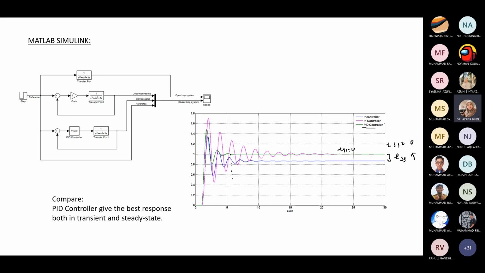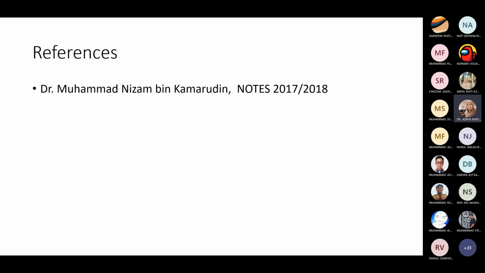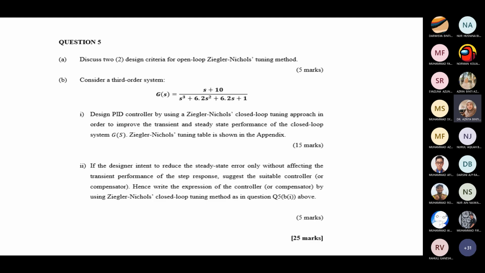So from here we can conclude that the PID controller gives the best response compared to the PI and P controllers in terms of transient and steady state. Okay, so that's all for today.